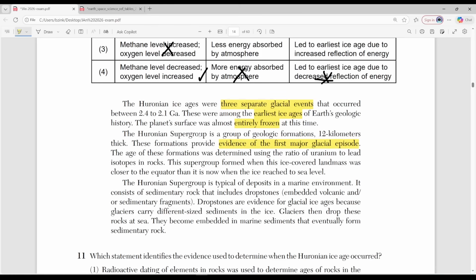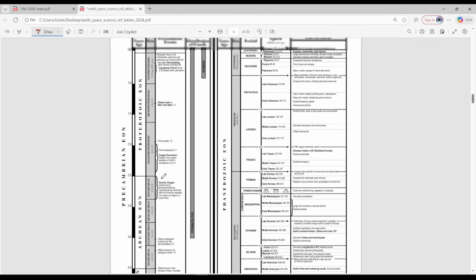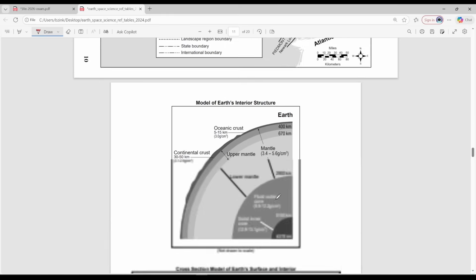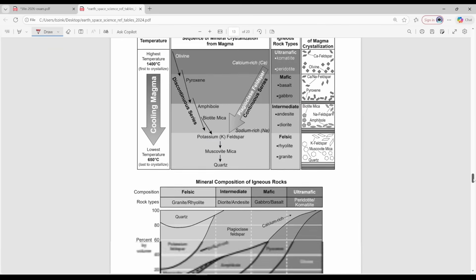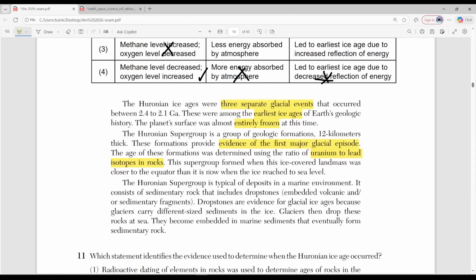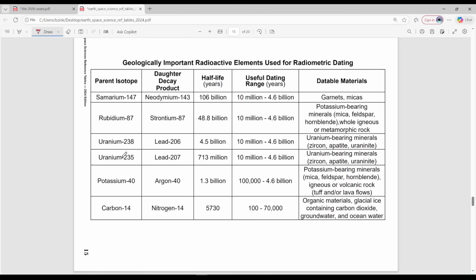The age of these formations was determined using the ratio of uranium to lead isotopes. Okay, so now they threw isotopes at us. So get ready for our radioactive decay chart right here. So we got uranium, and I already forgot what they said, but something like that. So we're going uranium to lead. So that's either here or here.